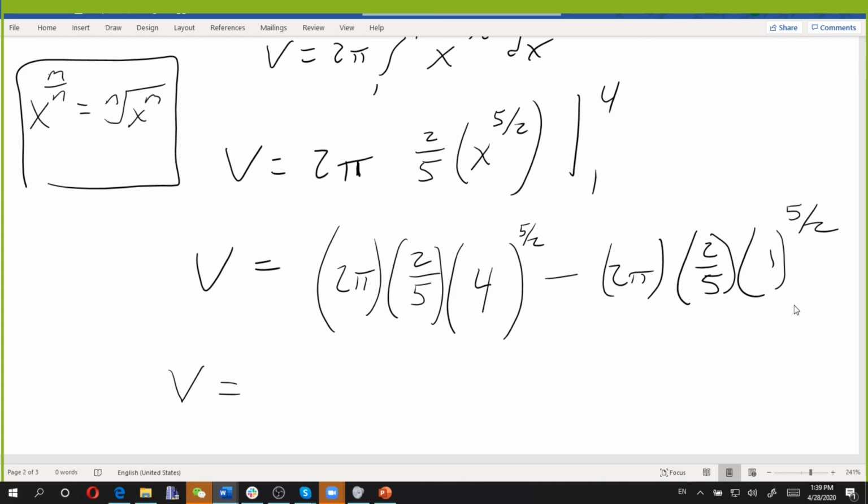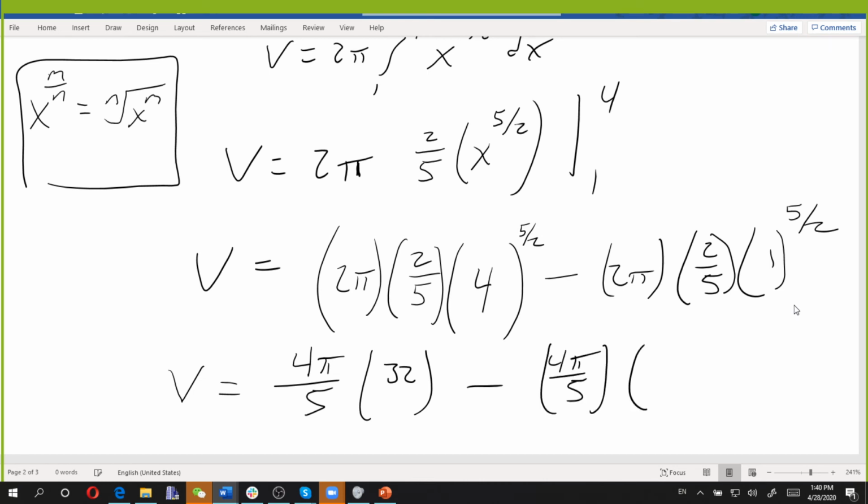32. So I've got 2 pi times 2 is 4 pi fifths times 32 minus 2 pi times 2 is 4 pi fifths times... Okay, what's the square root of 1? 1 raised to the 5th power? 1.